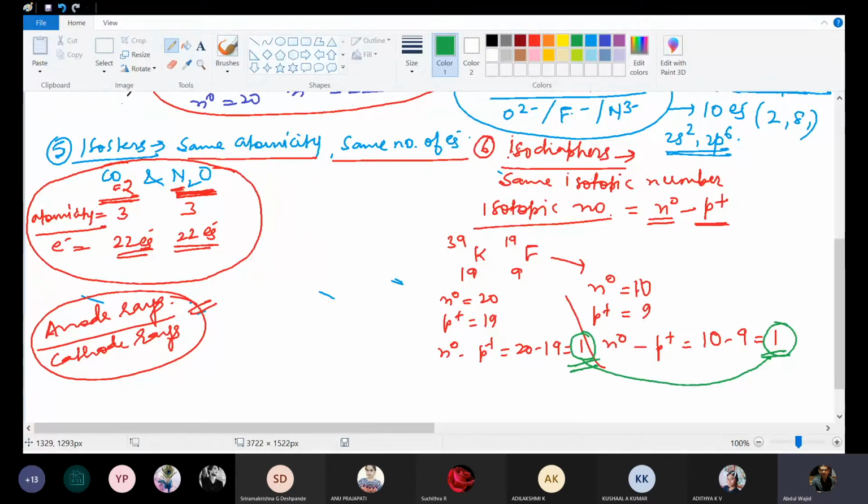Yes, sir. Okay. So on that day we did only till here. Now we'll talk about some more isoterms. The seventh term is isotopomers, or isotopic isomers.